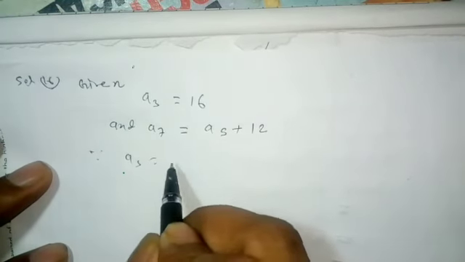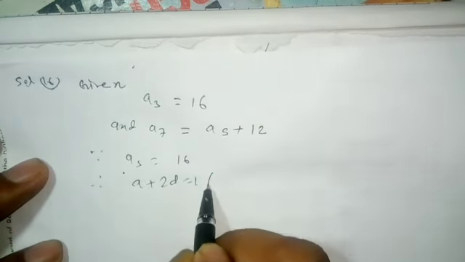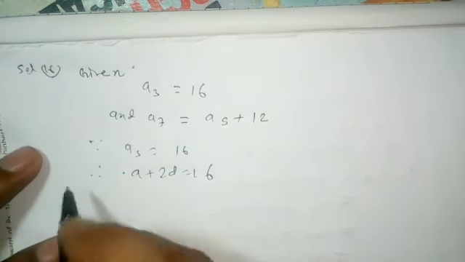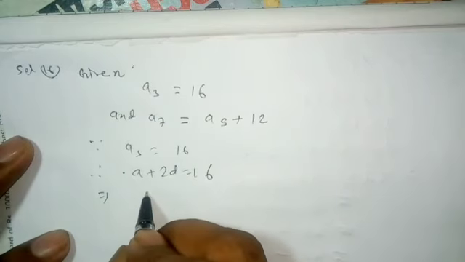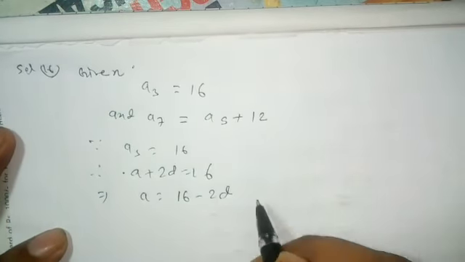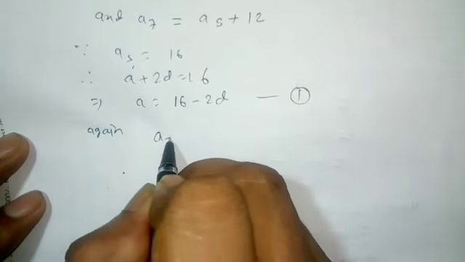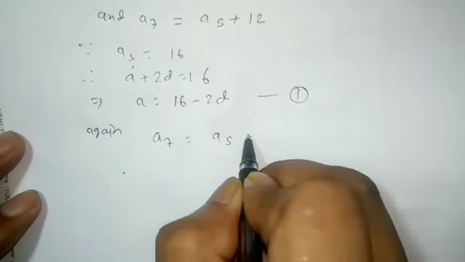Because A3 is equal to 16, therefore A plus 2D is equal to 16. Implies A is equal to 16 minus 2D. Equation 1. Again, A7 is equal to A5 plus 12.